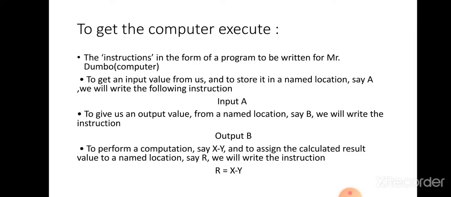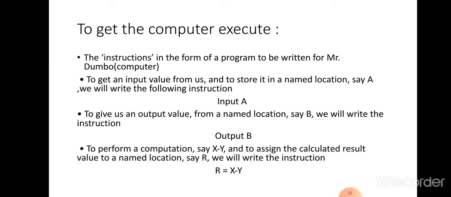Now to get the computer to execute a program, we have to give certain instructions to it in the form of a computer language. We use Java, C++, Python, and each language has its own way of taking inputs. For example, we give a certain value in input A and we get the desired output value, output B, and we have to perform the algorithm or the action on X and Y values.